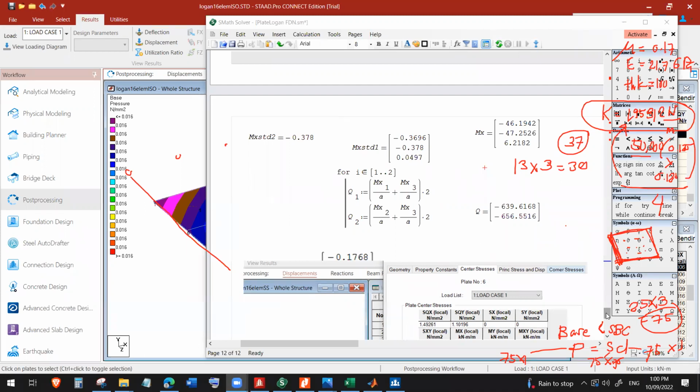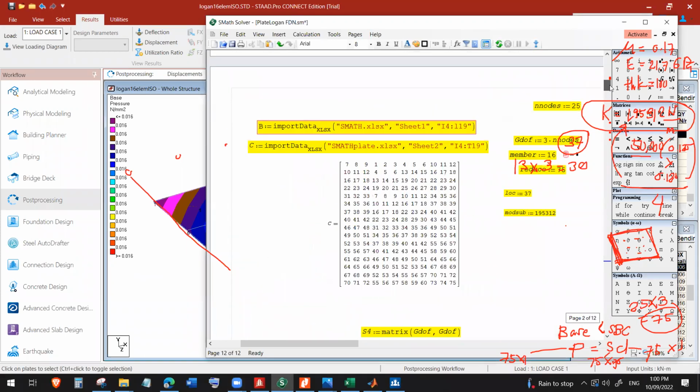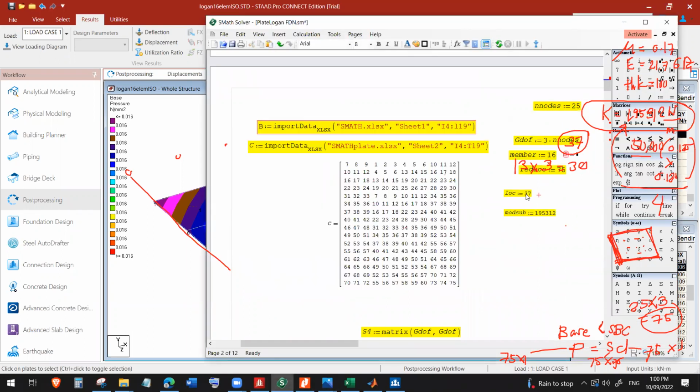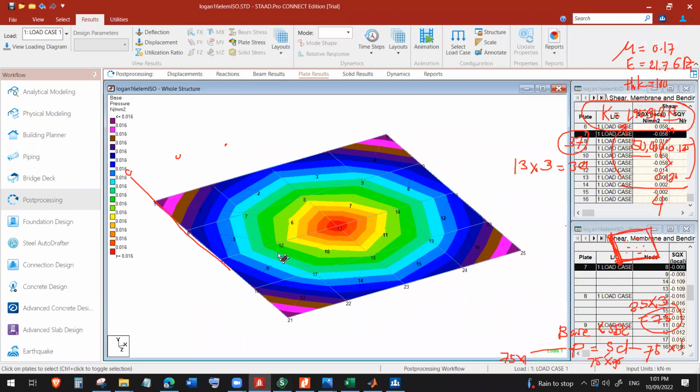If it's node 7, what's the LOC value? 7 times 3 is 21, so that will be 19. Okay, next, let's also update this. We're done with the base pressure.